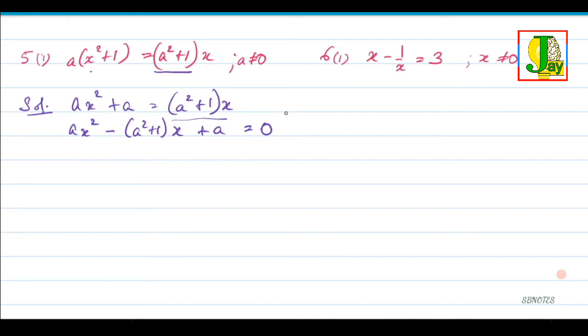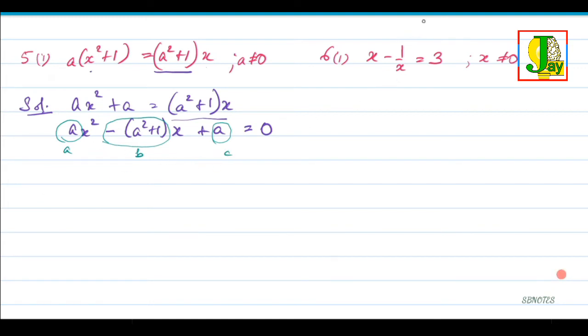Now we can see that this is in the form of our general equation. If you compare, this is our a, this whole thing is our b, and this is our c. You should not show it like this in the copy, but to make you understand, I am writing all this. So just to be clear, what is a, b and c.